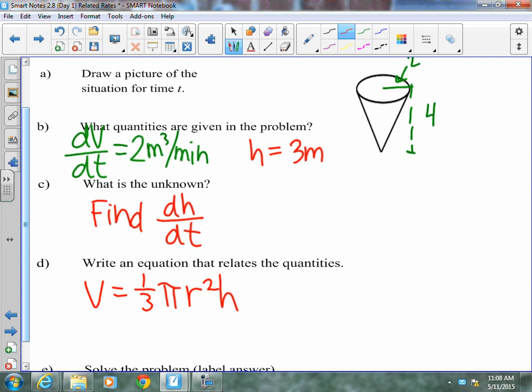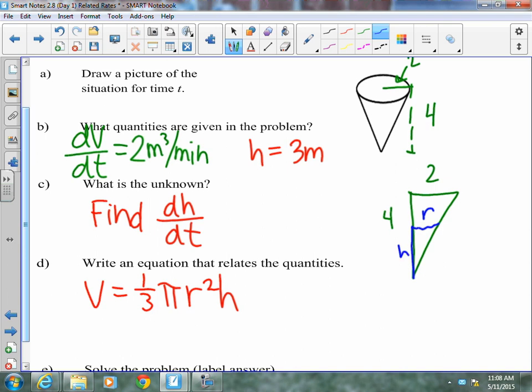What we also know is that this is a cone. So, let's talk about half of a slice of this cone for a second. We know it's 2 and 4 in the cone, but we don't know how tall the water is. So the water is r and h.